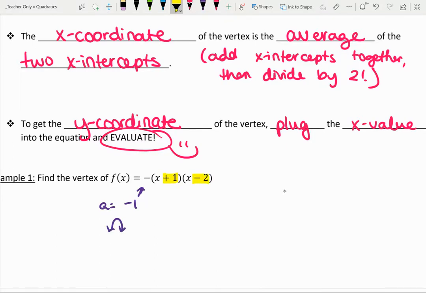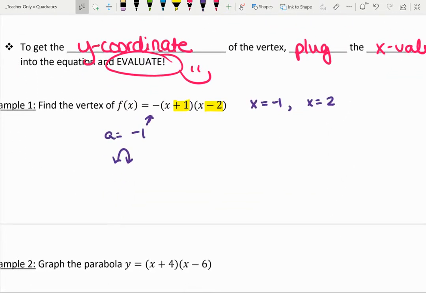Based on the expressions inside the parentheses, we're going to have the x-intercepts at x equals negative 1 and x equals positive 2. We're going to use the opposite sign as what's in there. And so we need to find the x value of the vertex.